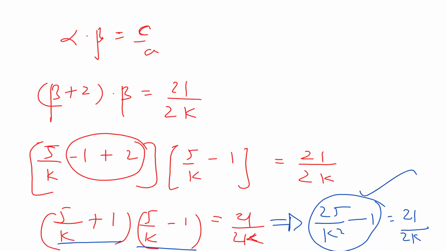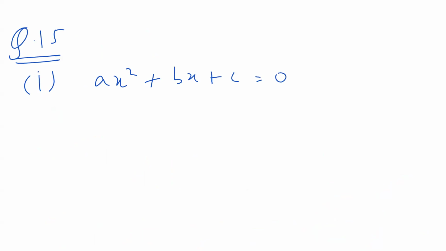Okay, let's go to question number 15. ax square plus bx plus c is equal to 0. One root is the reciprocal of the other. So alpha is equal to 1 upon beta. Therefore, alpha into beta is equal to 1.